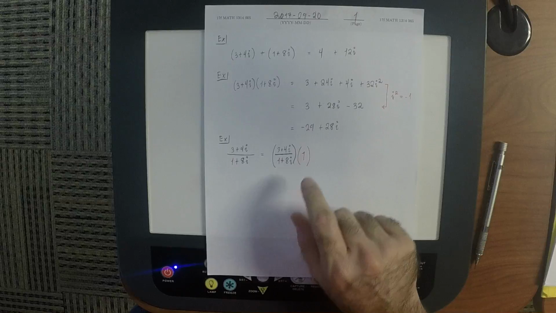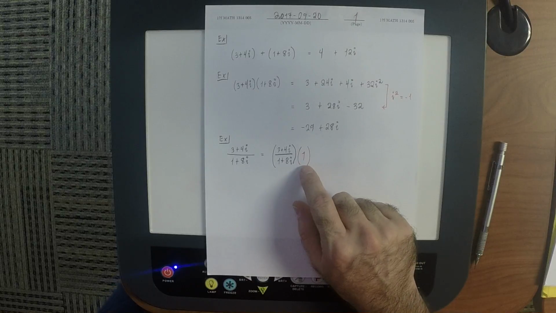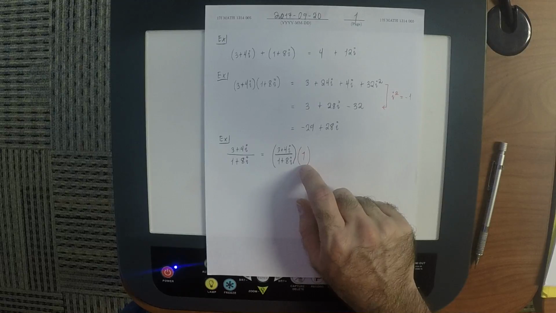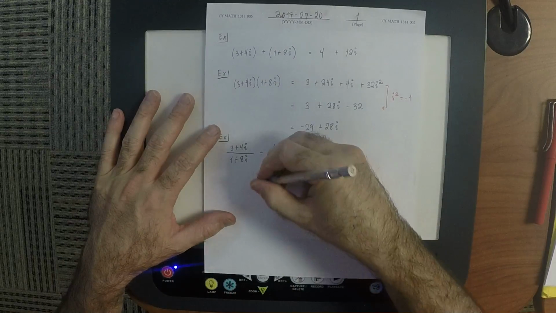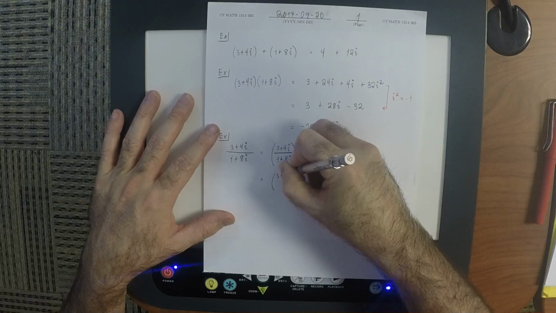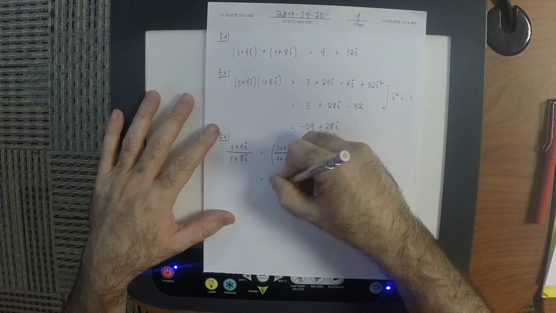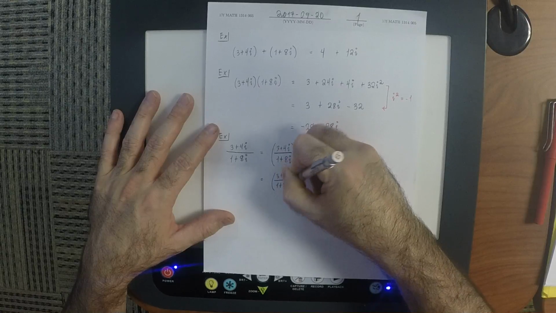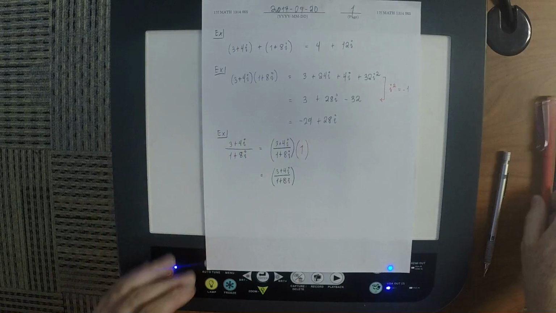So an example would be something like, we could multiply by 5 over 5. That's 1. Things like this. I hope you'll get a strong echo of rationalizing denominators.